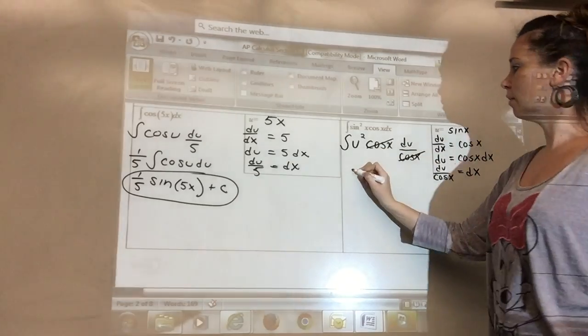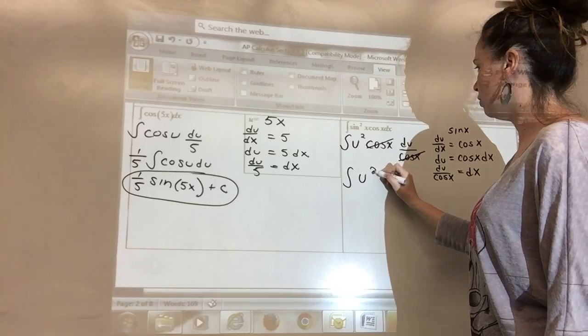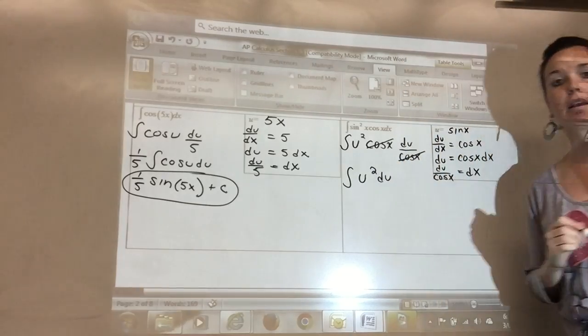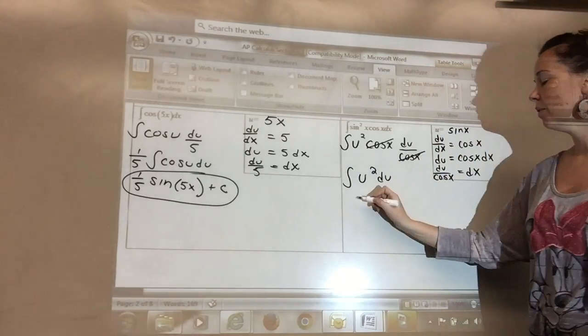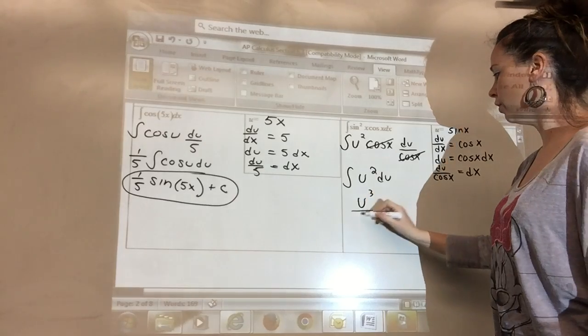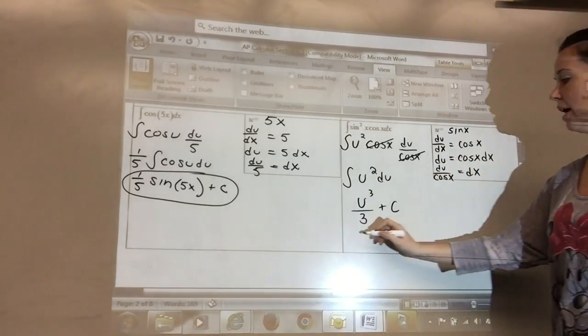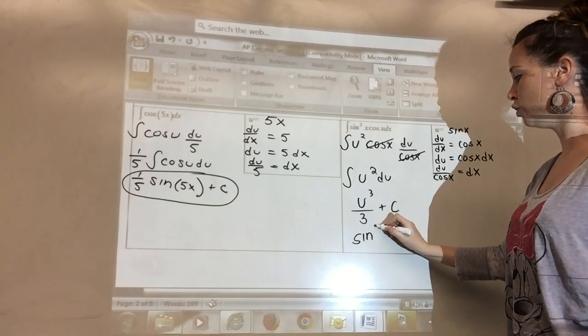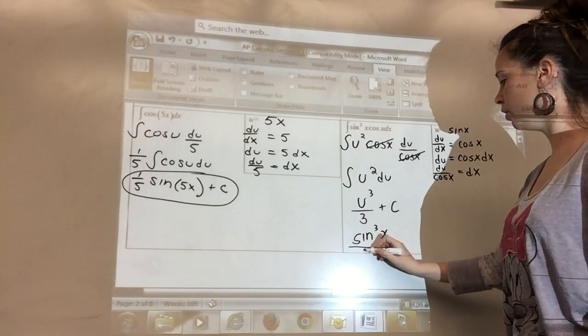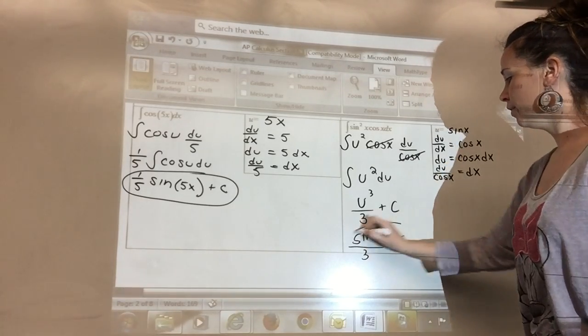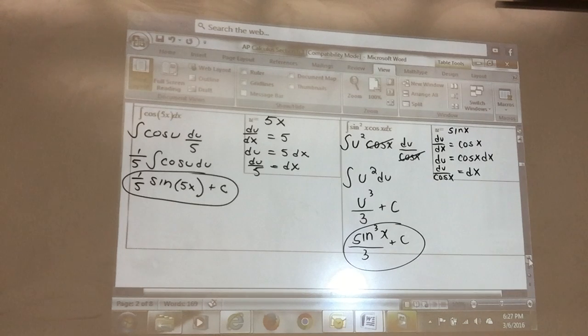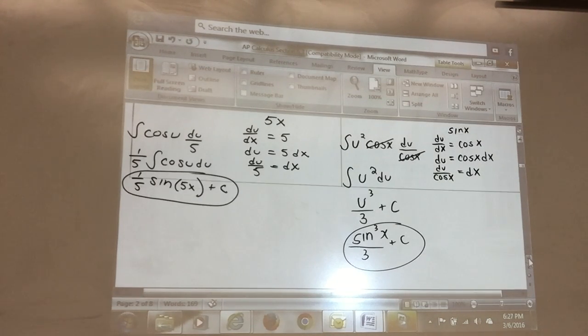So what am I dealing with? The integral of u squared du. Piece of cake, right? So we get u to the third over 3 plus c. U is really the sine of x, so I'm going to write sine cubed of x over 3 plus c for my final answer. Okay? Next.